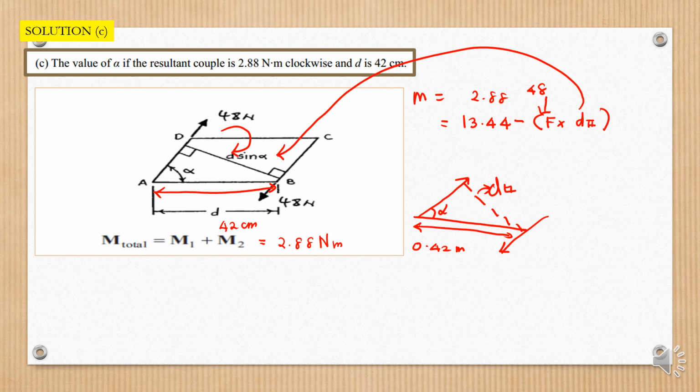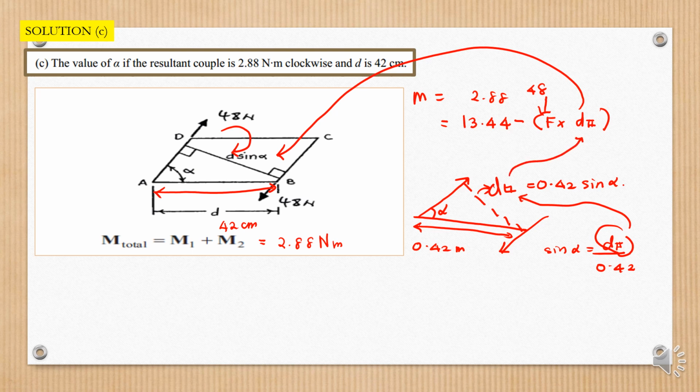Therefore, in order to get the distance here, it is equal to 0.42 times sine alpha, because sine alpha is the perpendicular distance here divided by the hypotenuse, which is 0.42. We want to know the d2 to be substituted into here, and this is related to this.